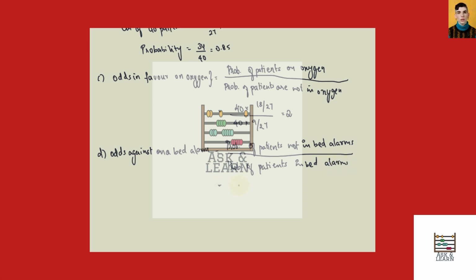So its value will be 40 times 14 by 27 the whole divided by 40 times 13 by 27. Simplifying this, we get this value as 1.07.